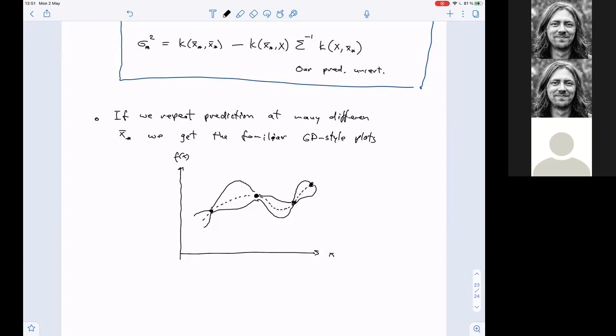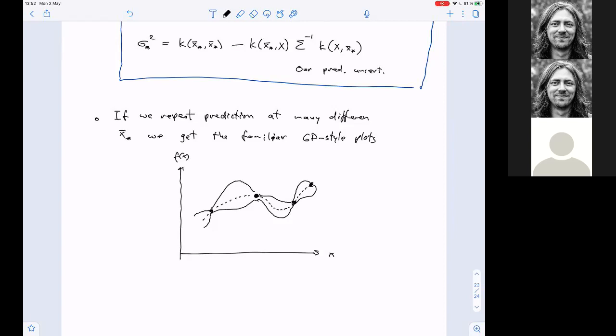The reason why this is confusing is that traditionally one of the ways in which GPs are introduced is in the context of having noisy data. So you have data where you think there is some underlying true function, but then my data points have some noise on top of that. And in that case, of course, sampling data at the same x value over and over again would give you varying data points.